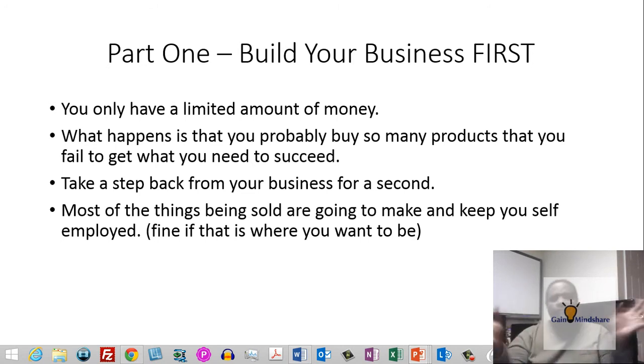If you've read Rich Dad, Poor Dad, you know he talks about the business quadrant, self-employed quadrant, the employed quadrant, and then the investor quadrant. Self-employed is where you basically have bought yourself a job, you're doing everything. And if you're buying products that are going to cause you to do more in order to affect your profit, that may or may not necessarily be a good investment depending on what you already have in place.